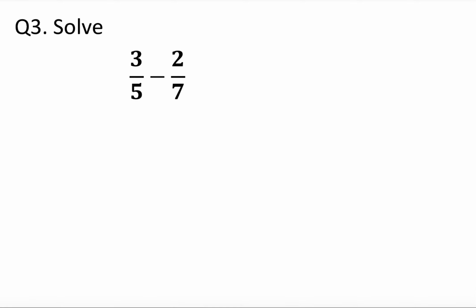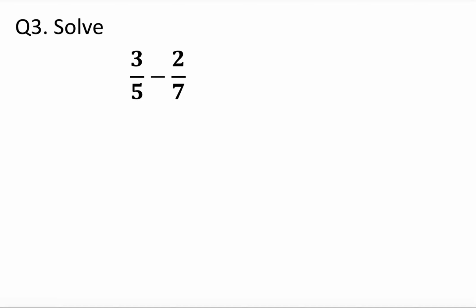Similar sort of question. Question 3, solve again. Another fraction. This time we've got 3 over 5 minus 2 over 7. And again, we need to have the denominator, the bottom figure, the same.